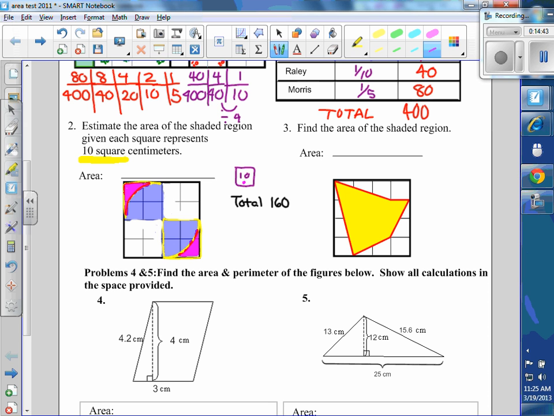So that means either you can do what Nathan did, divide this in half, get the total and divide it in half, so you get 80 units, or you could count up 10, 20, 30, 40, 50, 60, 70, 80 units, and you'd get 80 square centimeters.